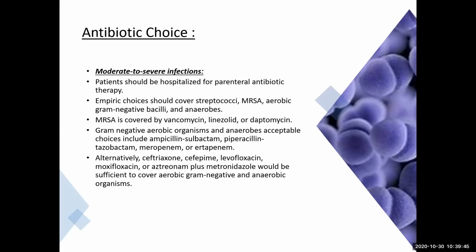For gram-negative aerobic and anaerobic organisms, we can use ampicillin-sulbactam, piperacillin-tazobactam, meropenem, or ertapenem. Alternatively, we can use ceftriaxone, cefepime, levofloxacin, moxifloxacin, or aztreonam, plus metronidazole, which should be sufficient to cover aerobic gram-negative and anaerobic organisms.